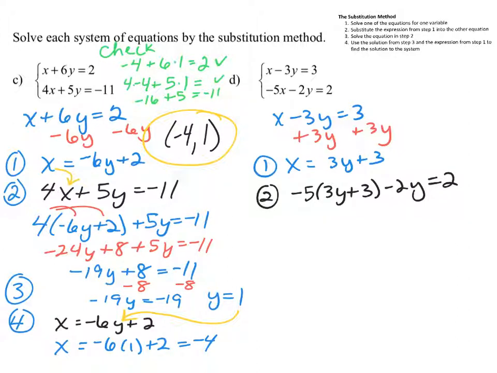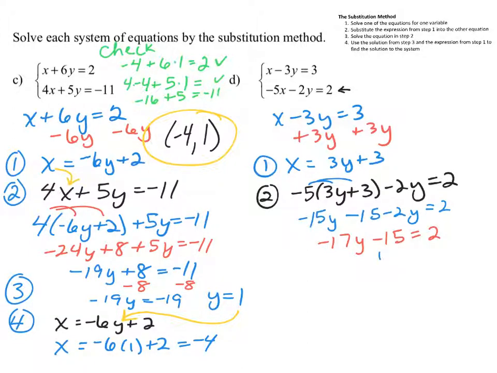So I took the second equation here and substituted in x equals 3y plus 3. We can use the distributive property to get negative 15y minus 15 minus 2y equals 2. By combining like terms, we get negative 17y minus 15 equals 2.